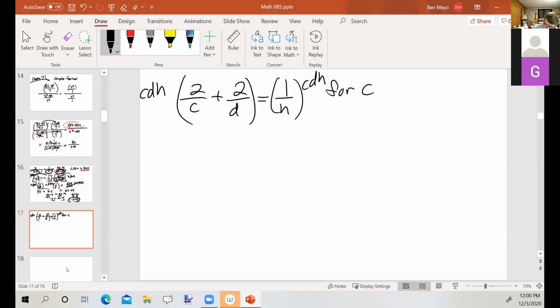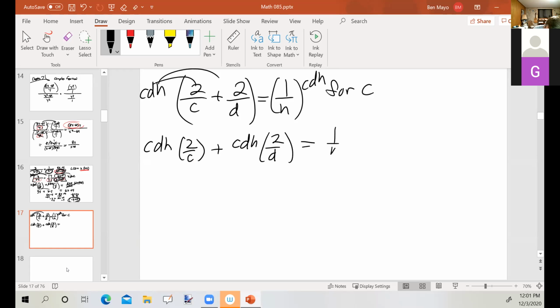All right. So I'm going to take CDH times 2 over C plus CDH times 2 over D equals 1 over H times CDH. On the left side, the C's reduce and I have 2DH. The D reduces and I have 2CH.